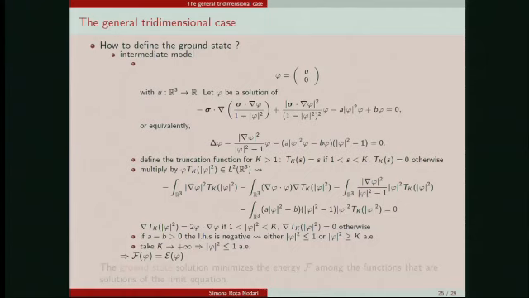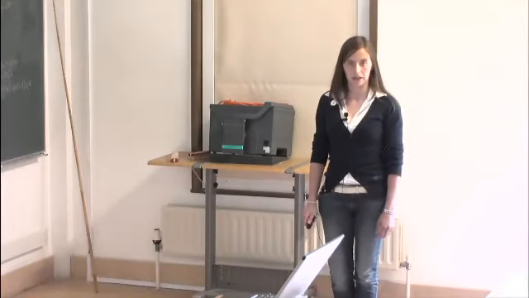That means that either phi squared is smaller than 1 or phi squared is bigger than k almost everywhere. But by taking the limit as k goes to infinity, we obtain that phi squared is smaller than 1 almost everywhere, and that means that f phi is equal to E phi. Then in this model, the ground state is the solution of the equation which minimizes the energy f among the functions that are solution of the limit equation, again as in the spherically symmetric case.